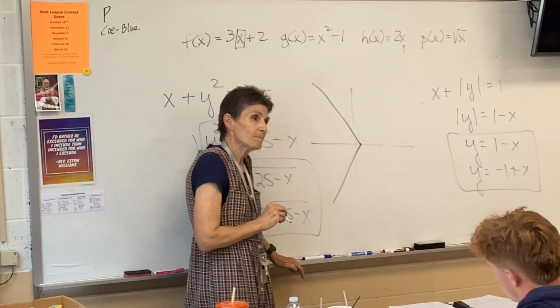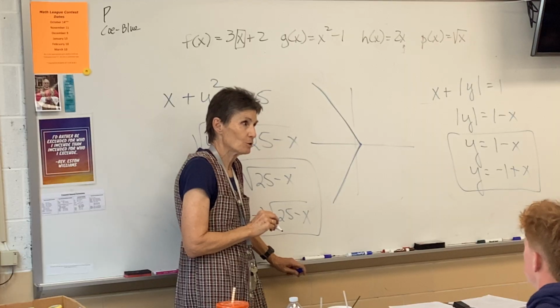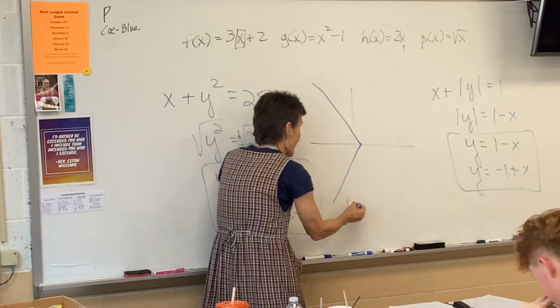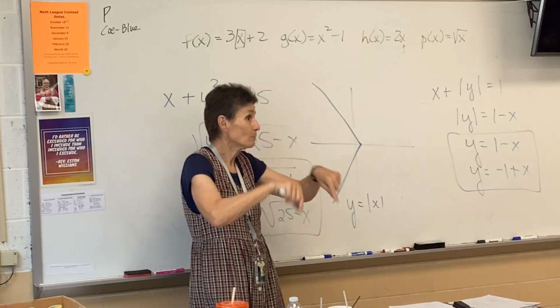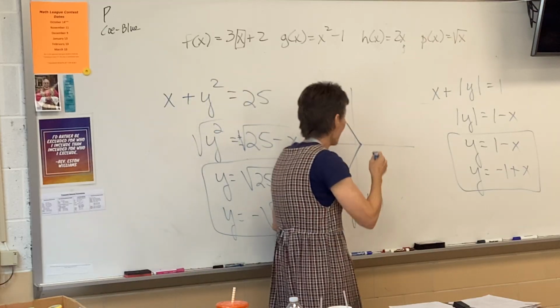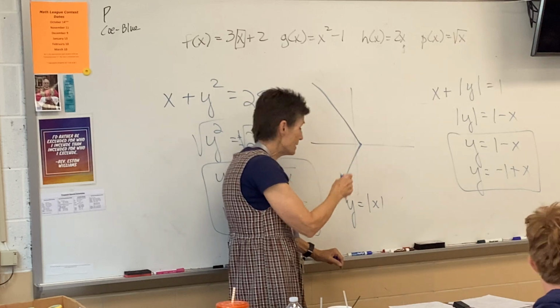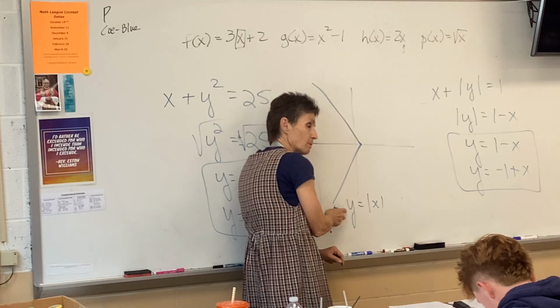Now, that should make sense to you. What is an absolute value shape? A V. When it's the absolute value of x, it's a V up or down. When it's an absolute value of y, it's a V left or right. How would you know when this was going left?